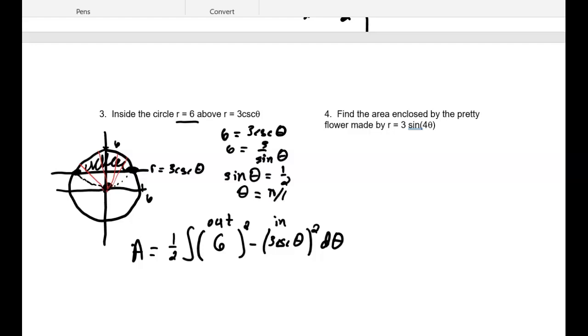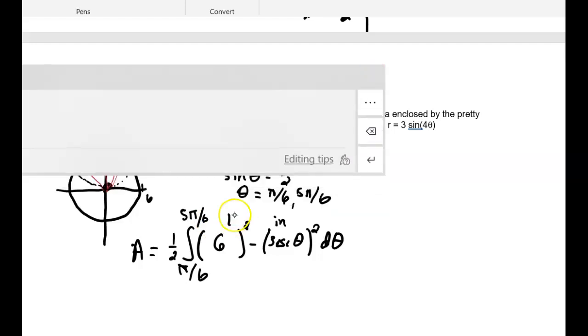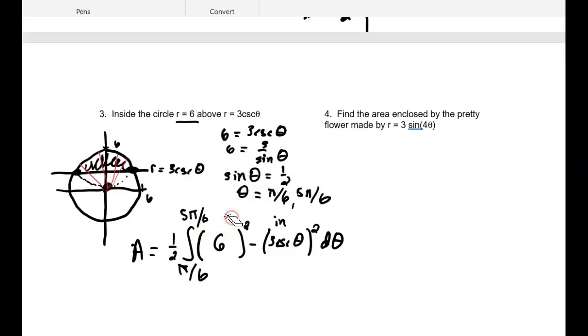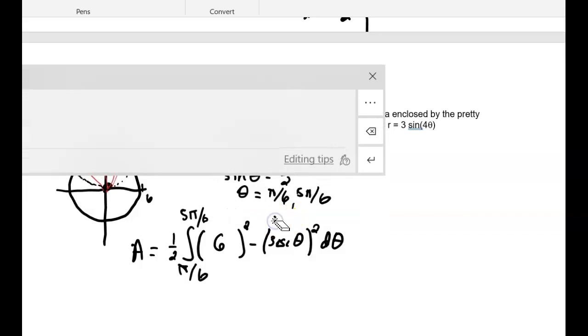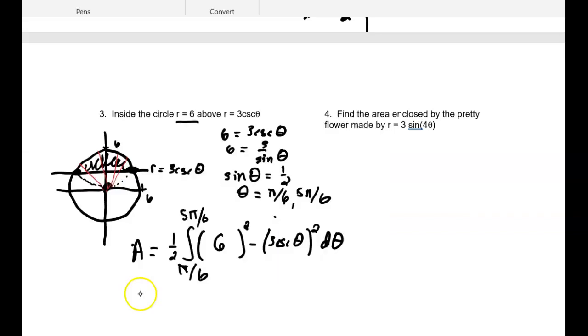That would be pi over 6, 5 pi over 6. So then those are our angles. Plug that into our calculator. And we should get 22.111.